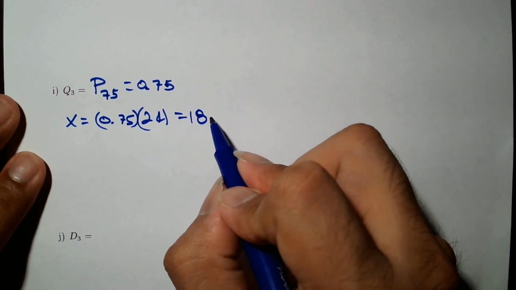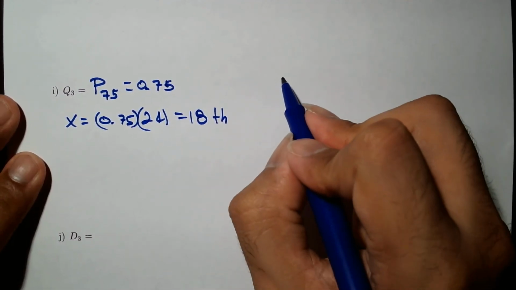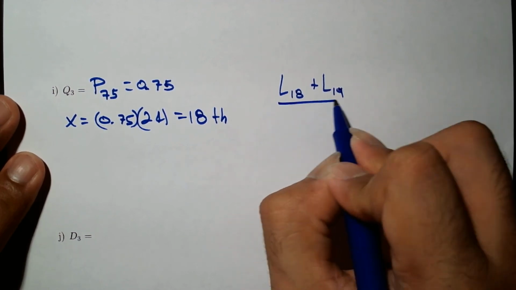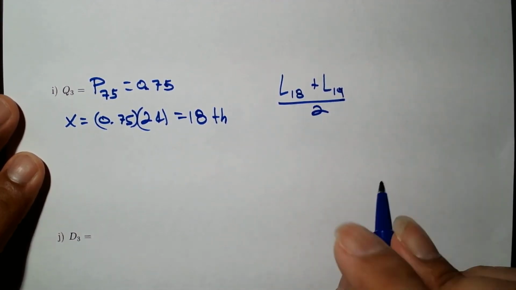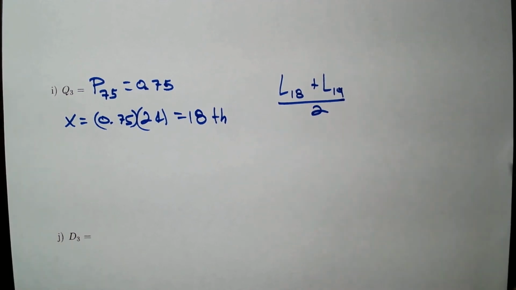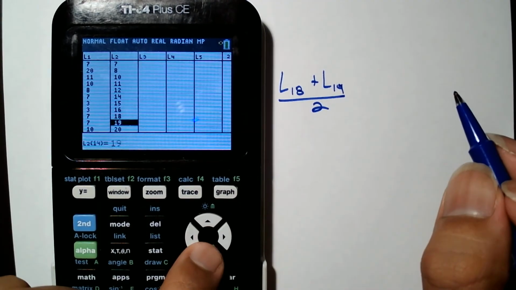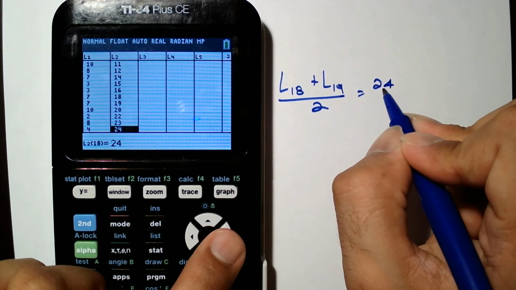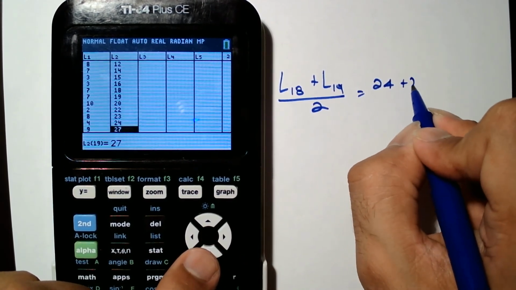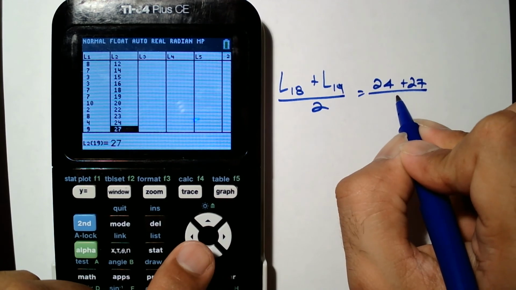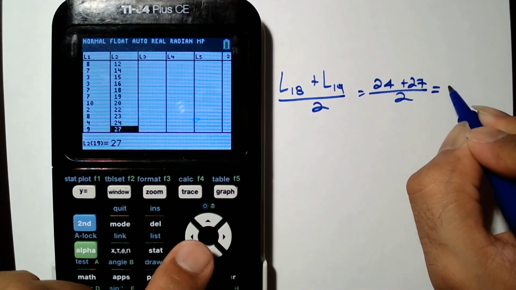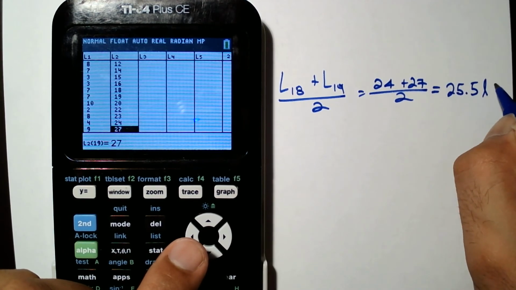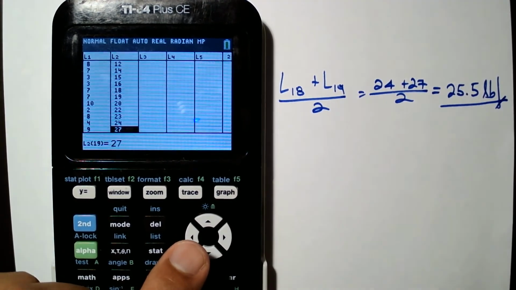So that means we are going to go to L18 plus L19 and divide both by 2 to get the average. That is L18, which is 24, plus the next one, which is 27, and this is 25.5 pound cat.